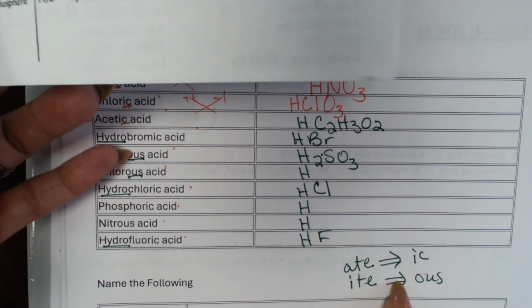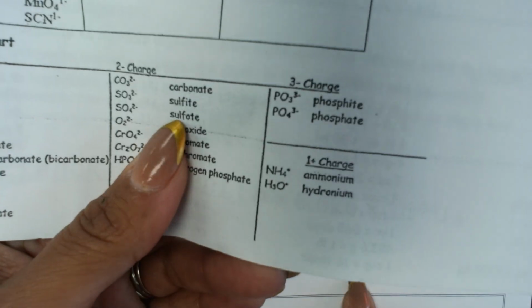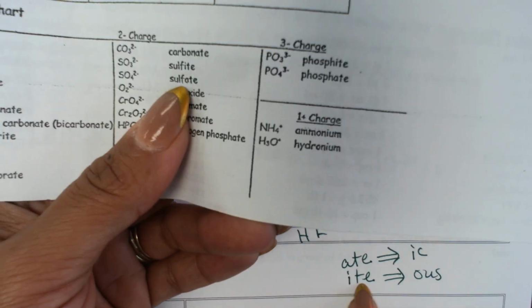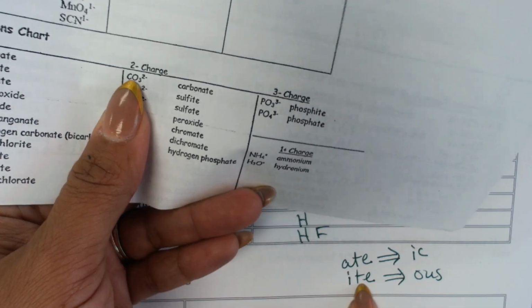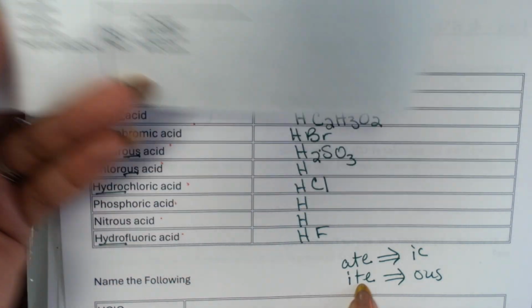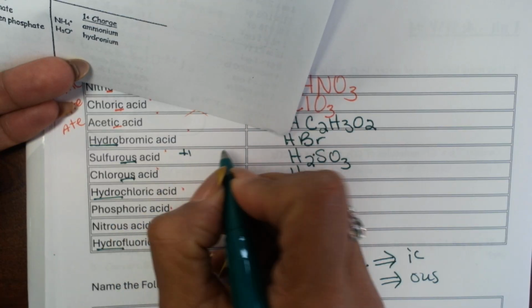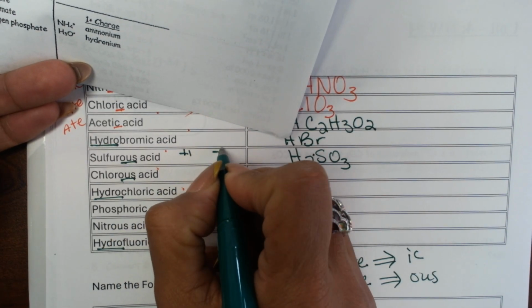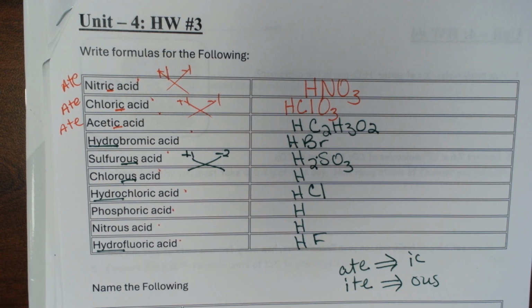If it's OUS, then it ends in ITE. SO3 is a -2 charge. I crisscrossed it over. Hydrogen has a +1 charge, SO3 has a -2 charge, I crisscrossed those over, and that's where I got the 2 from.